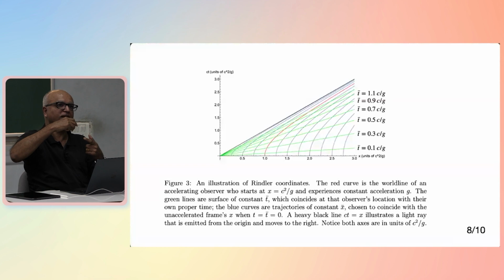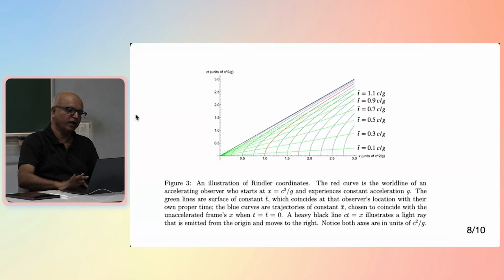So one might think that it will eventually catch me up, but it does not happen, because I am speeding up. If I was moving at a uniform speed, it would catch me up, but I am ever speeding up, approaching the speed of light. You started too far. If you start too far, you do not catch up. That is the meaning of this distance c square by g.